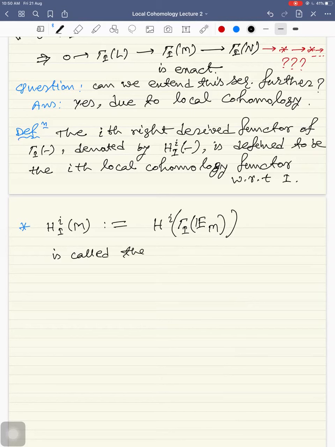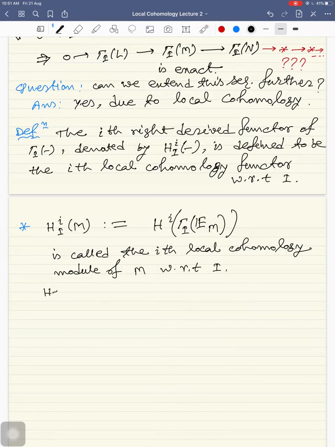This is just by definition of right derived functor, and it is called the ith local cohomology module of M with respect to the ideal I.